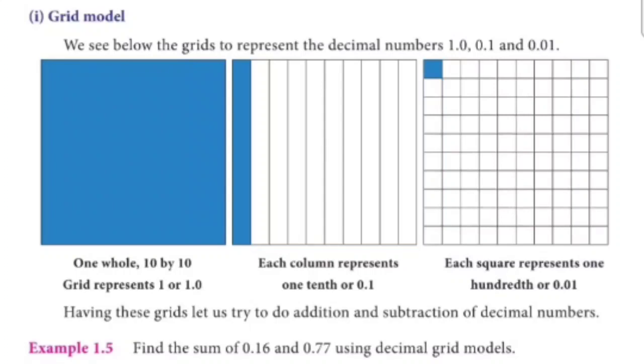So the first method is the grid model for addition and subtraction of decimal numbers. Here they have given three pictures. In picture 1 they have shaded the whole part, that is 1 by 1. One box, the whole box is shaded, so we get the value 1. In the second picture we have 10 boxes in total, and out of 10, 1 is shaded.